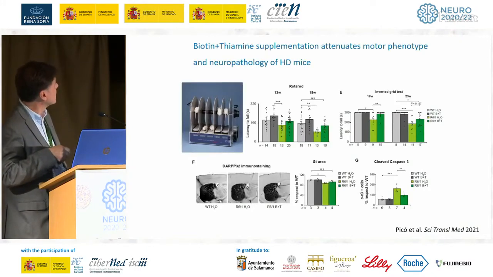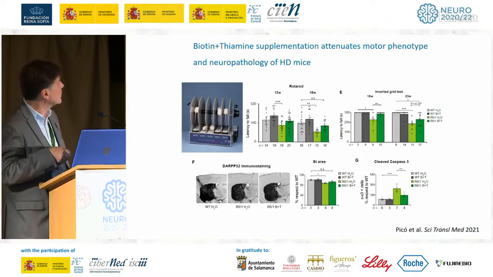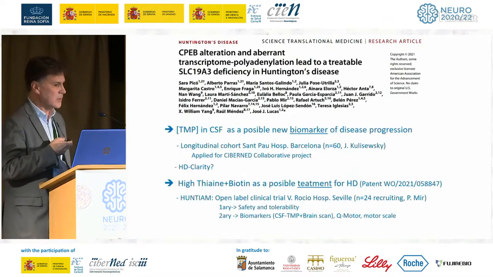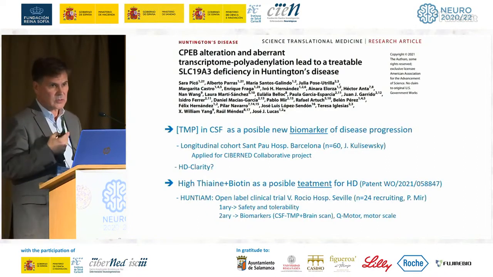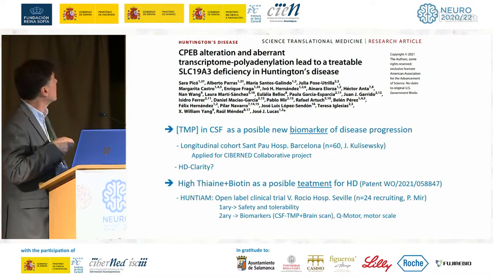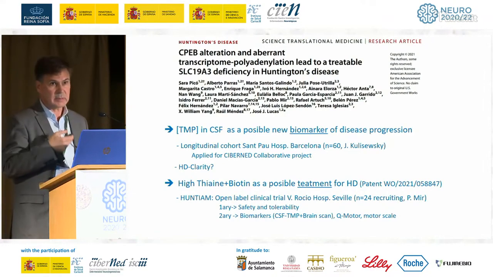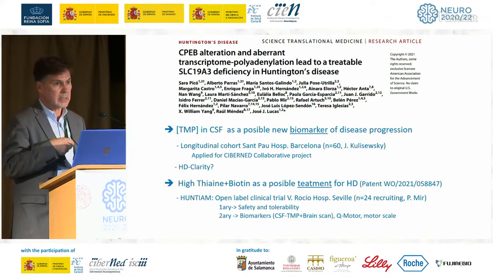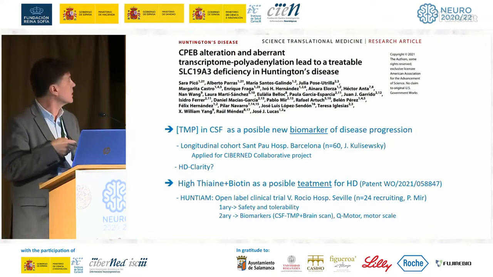And we found that the treatment attenuates the motor phenotype and also the neuropathology, and this has originated this study that is a collaboration of 4 CIBERNED groups in which we propose TMP, the monophosphate thiamine, as a potential biomarker of disease progression in Huntington's disease.